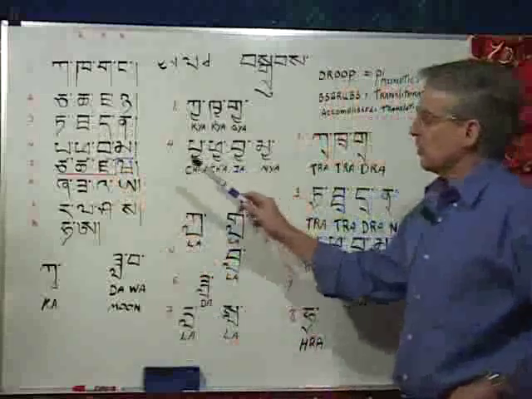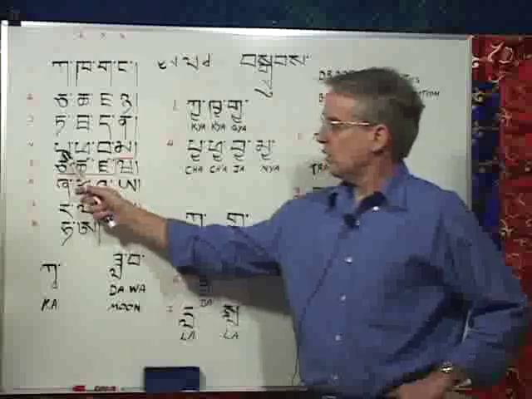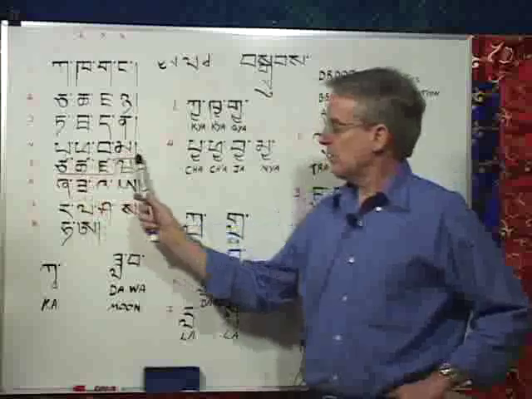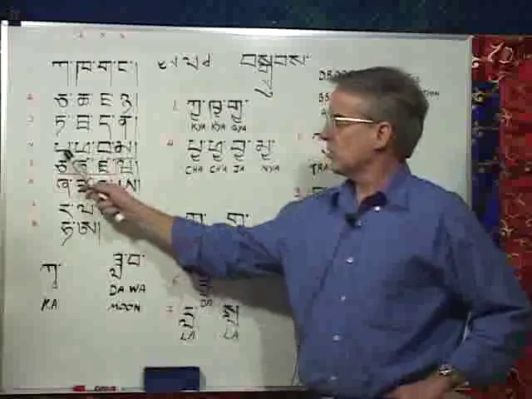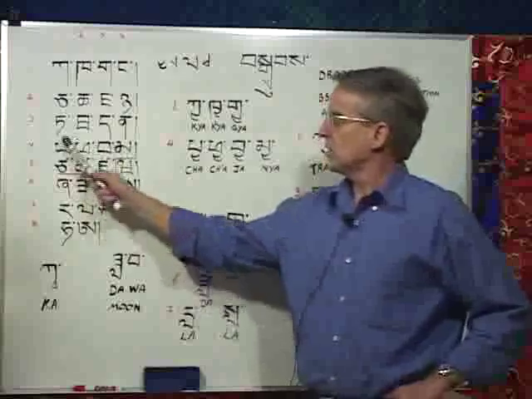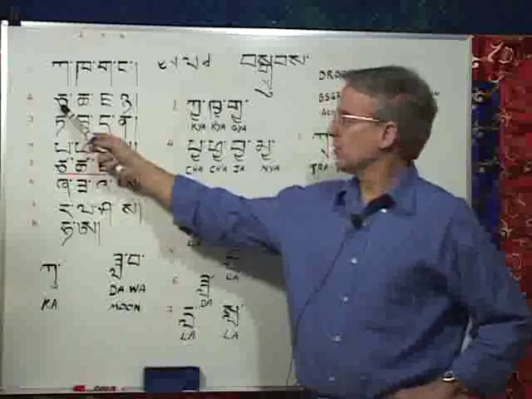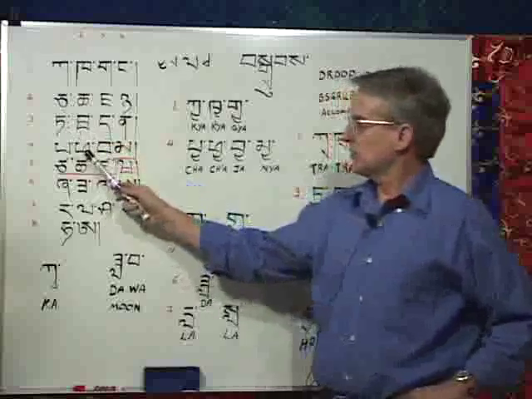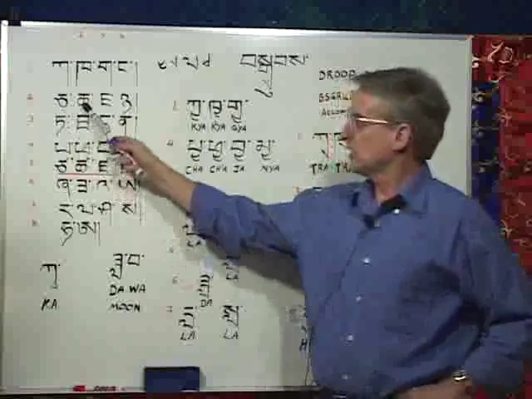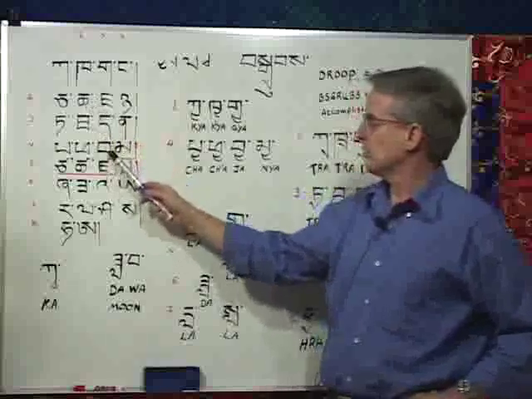So in effect, what's happening when we put a Yata on a fourth row letter, the first one in the first column, Pa Yata, it's as if the sound jumps up to be the sound in the second row, first column. Second column, fourth row with Yata becomes second column, second row, etc. all the way through.